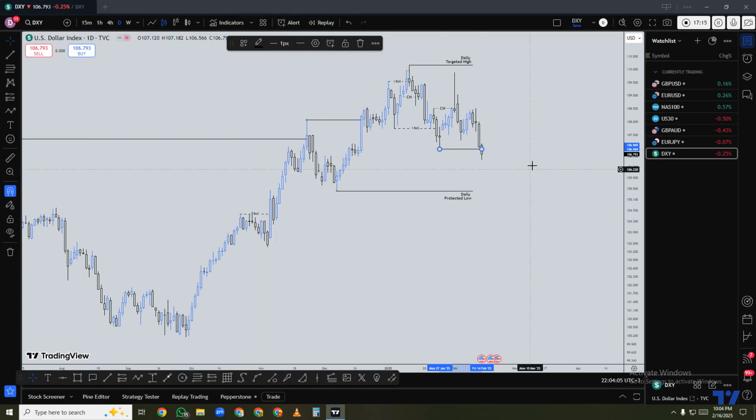So this is the daily IBOS. Bullish swing structure, bearish internal structure, and the bearish internal structure is just to facilitate what? To facilitate a pullback.